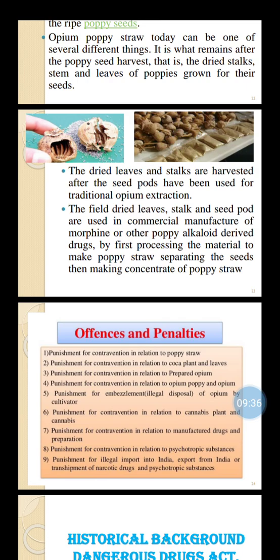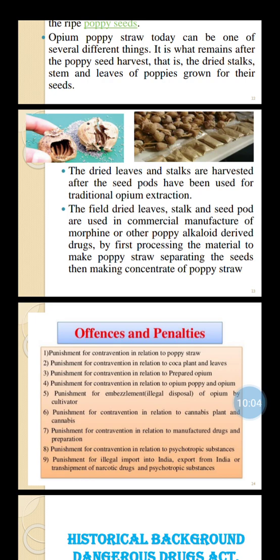Then you saw the offenses and penalties under this Act. Punishment for contravention in relation to poppy straw. Punishment for contravention in relation to coca plant or leaves. Punishment for contravention in relation to preparation of opium. Punishment for contravention in relation to the opium poppy.